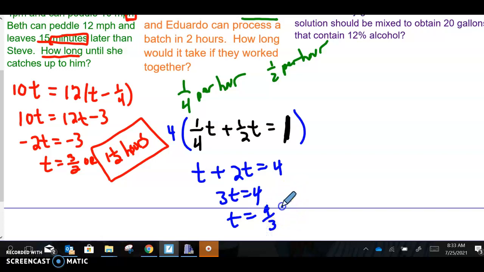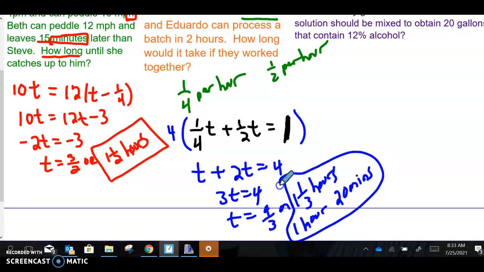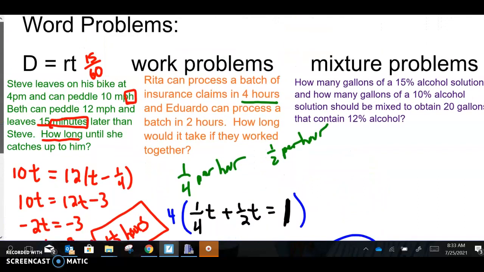So 1 1/3 hours. Or I could say 1 hour, and what's a third of an hour? A third of 60 is what? 1 hour, 20 minutes. Either way, that's how long it's going to take them together. Working together is a little quicker.